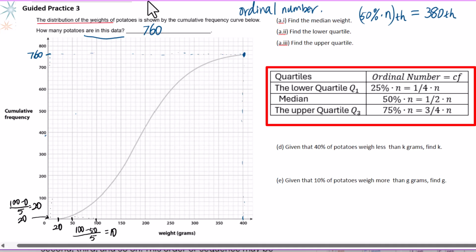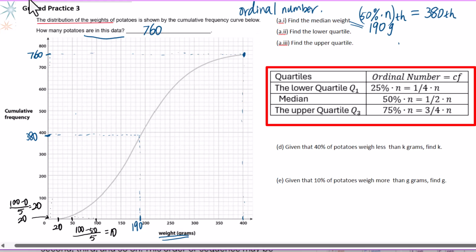Each box is 20, so this is 380. Then draw this horizontal line, then go down. You could say this is 190. So the median weight is 190 grams.